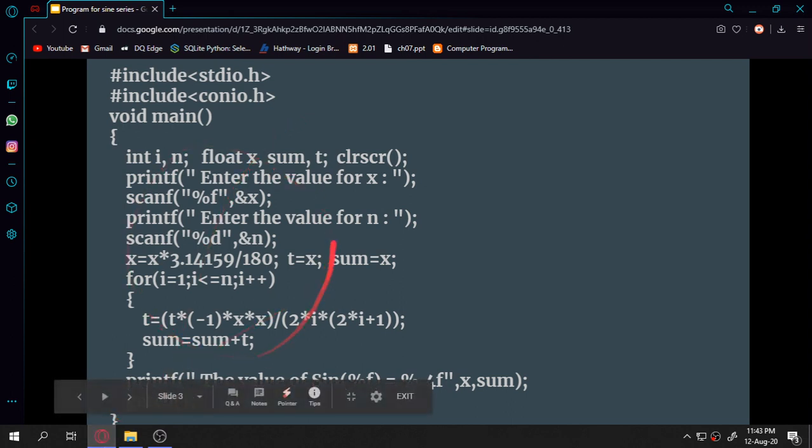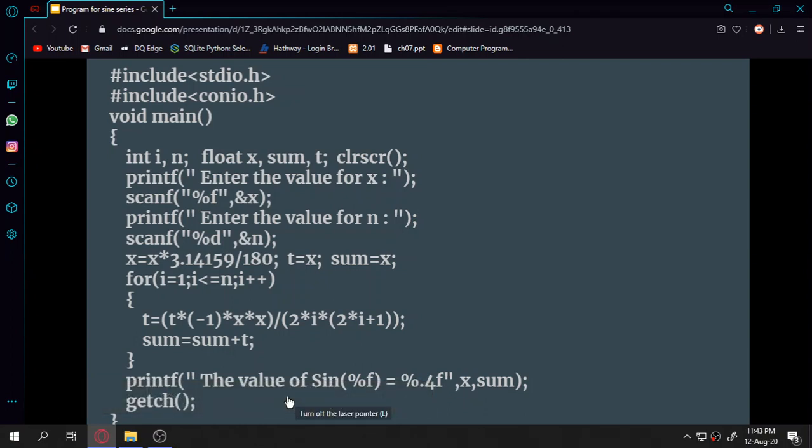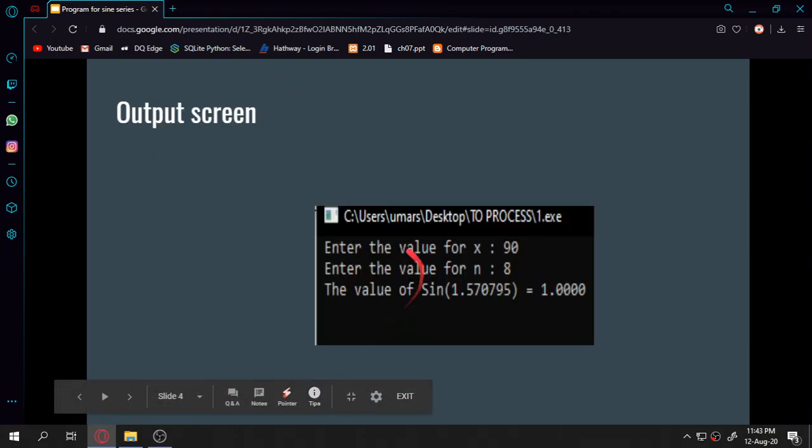So that's all the program. Getting the input and converting the degrees into radians, and then this loop will generate the consecutive terms and also find the sum of the terms. We have to print the value. So that's all. The program will find the value.